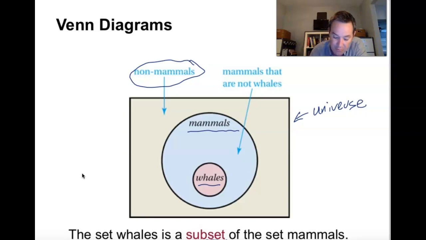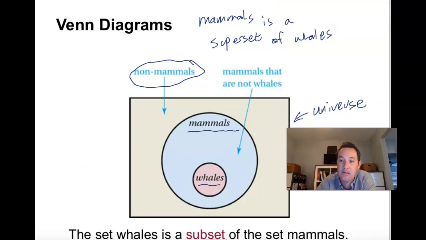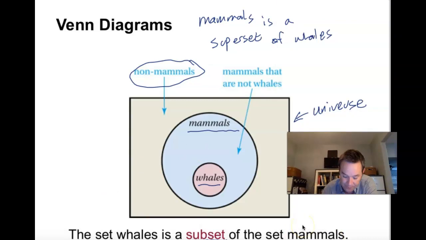You can also say that mammals is a superset of whales, meaning it completely encompasses whales. Sorry, I wrote into my picture there. All right.